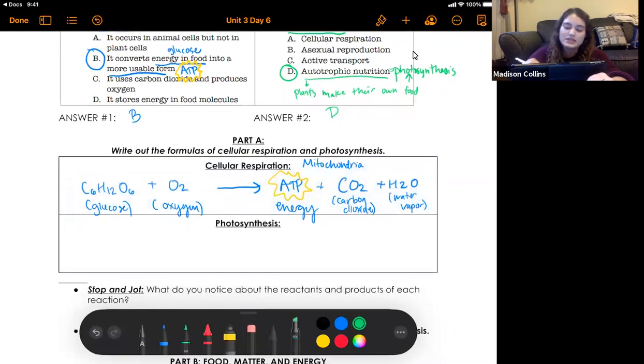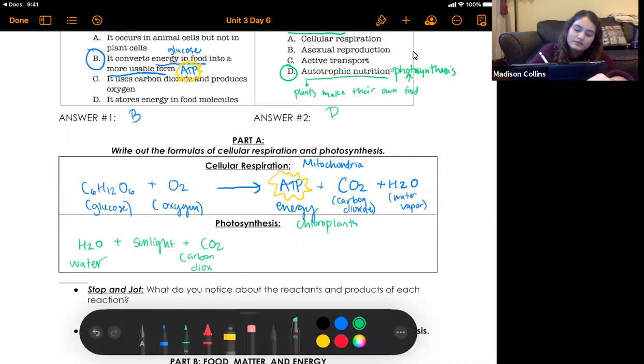Now, photosynthesis. So photosynthesis happens in the chloroplast. Remember, this only happens in plants. We don't have chloroplasts, only plants do. And what photosynthesis does is it takes in, think about the song I sang to you guys, water, sunlight, and carbon dioxide, right?